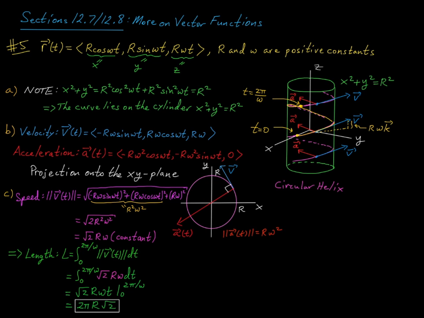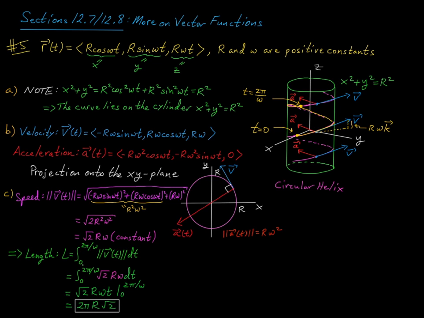So that means we're going to complete one complete wrap around the cylinder, and z, the height, will increase from 0 up to r omega times 2 pi over omega, which is really just 2 pi r. And note here that that's actually just the circumference of the cylinder. But in any event, we're finding the length of this yellow arc here.